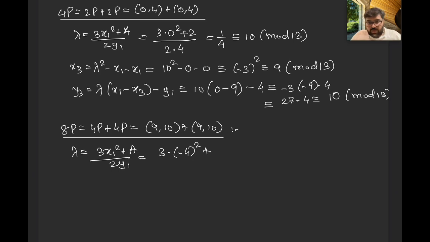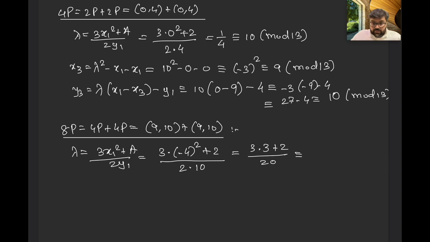You can also use 9 square, not a problem. Answer will be same if you don't make mistake, upon 2 times 4 into minus 4 into minus 4, 16. 16 is nothing but 3 modulo 13, so this is 3 plus 2 upon 20.